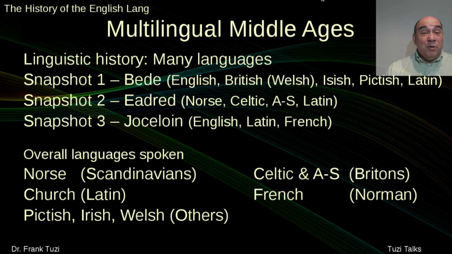There's also Welsh that he has included in some of his writings, as well as Irish, which obviously comes from the island next door. And then at the same time there is Pictish, which comes from the north, where the Picts and the Scots lived. And lastly, there's Latin, which is the language of the church, which generally came from the south and moved its way northward. So, looking at the writings of Venerable Bede, you see a lot of these different languages being used and or mentioned and or borrowed.